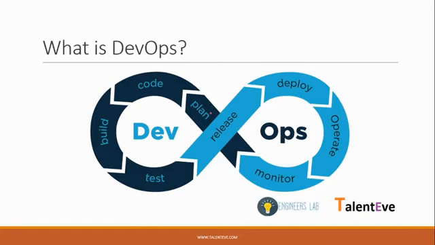They deploy, they operate it, and they monitor the functionality, and then come back to the development team again, and then the development team plans, codes, builds. So there is a continuous, infinite cycle that runs till the project closure. You can see a simple diagram here which explains DevOps.